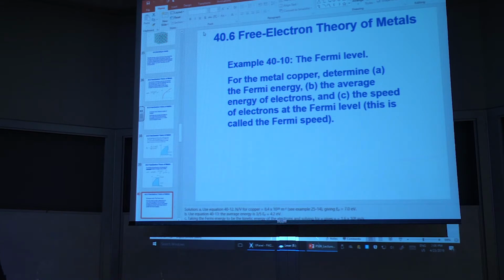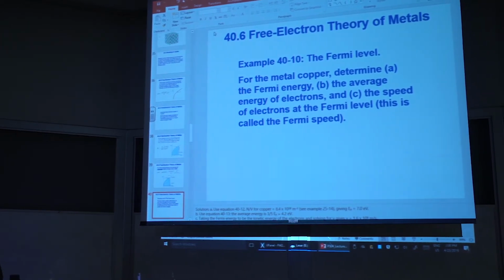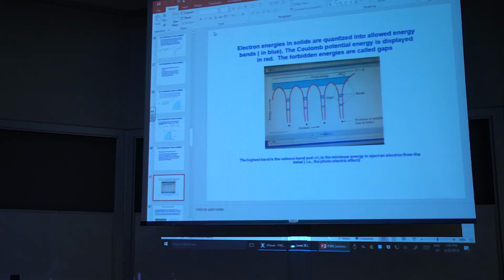So we did that last time, and that's how we came up with that number of 7 eV. The average energy is about 60% of that, so it's about 4.2. And then, of course, we do the speed calculation by converting eV using 1/2 mv squared. And we did a brief calculation on that last time as well. Okay.